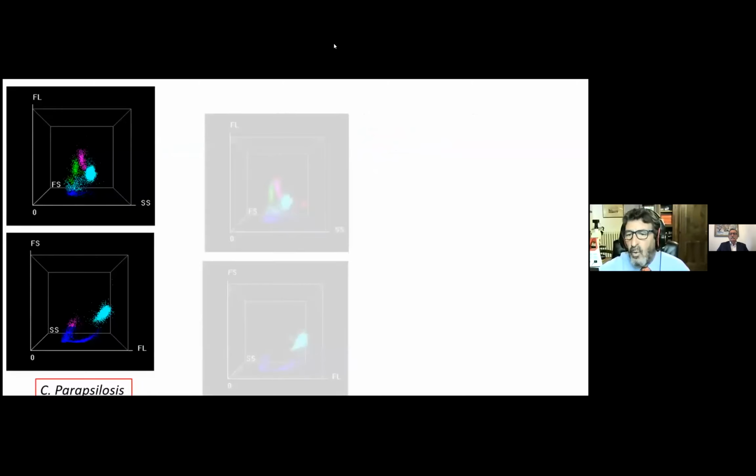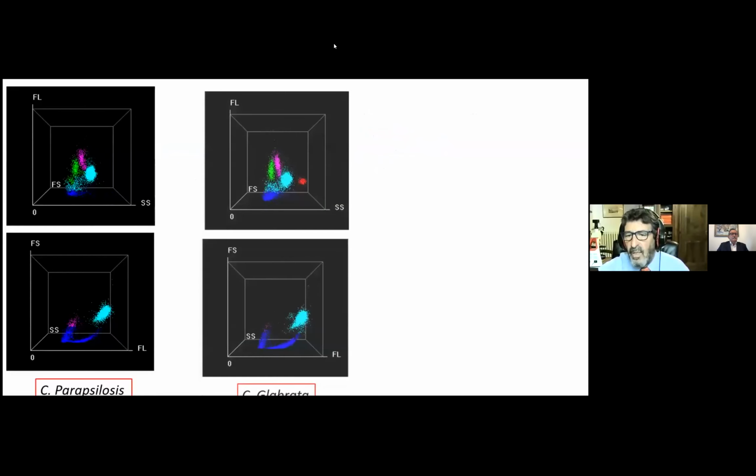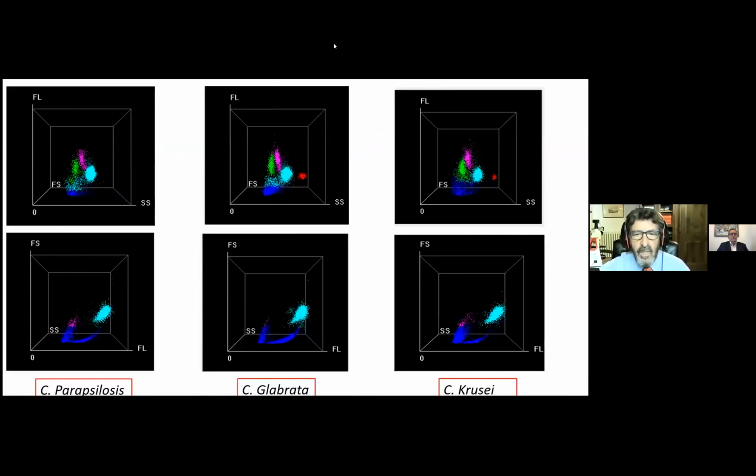This is not published yet. The morphology of the diff scattergrams at time 0 and the evolution of the pseudo NRBC cluster do not show any significant differences as against other types of Candida, such as parapsilosis in vivo, and the same result was obtained also with Candida glabrata and Candida krusei.